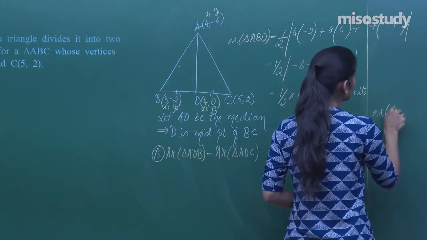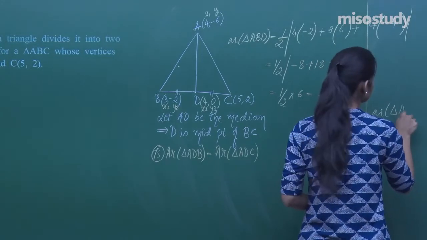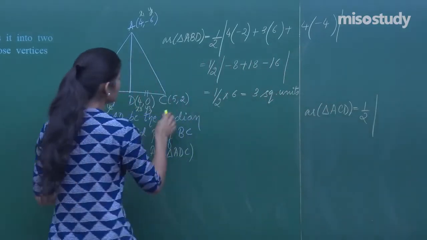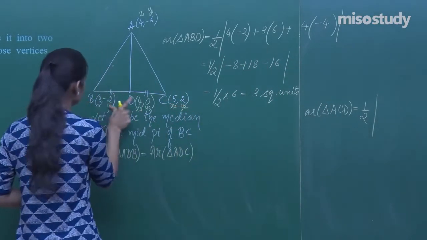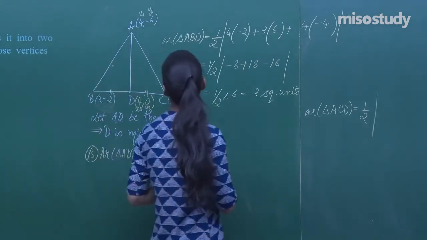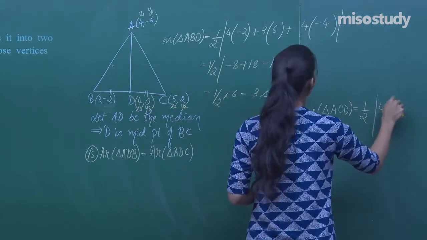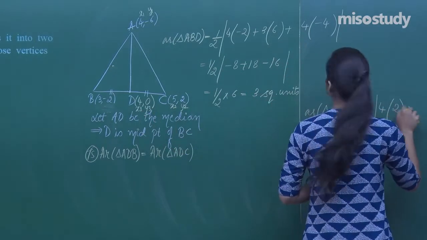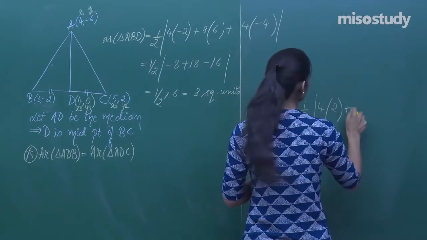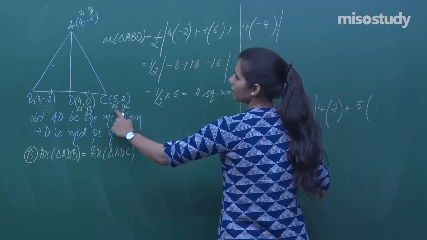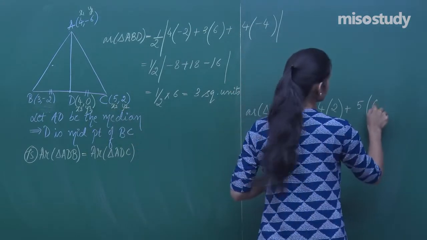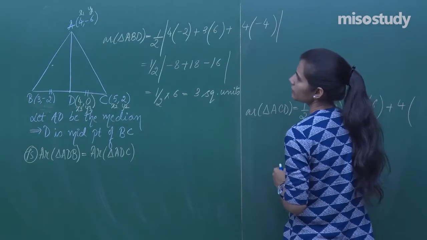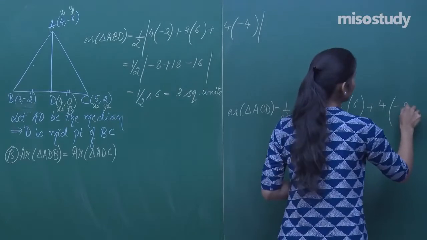After that, we wish to compute the area of the next triangle, which is triangle ADC. This is half into mod of, for that, I'm just going to take now this as x2, y2. So I get half x1, which is 4, (y2 minus y3), so 2 minus 0, which is 2, plus x2, (y3 minus y1), 0 minus minus 6, which is 6, plus x3, that is 4, (y1 minus y2), so you get minus 6 minus 2, that is minus 8.